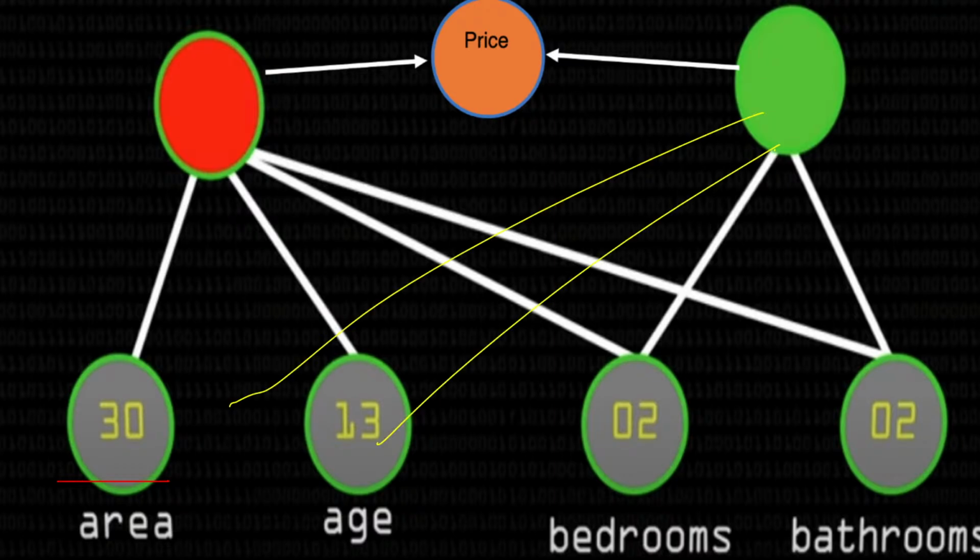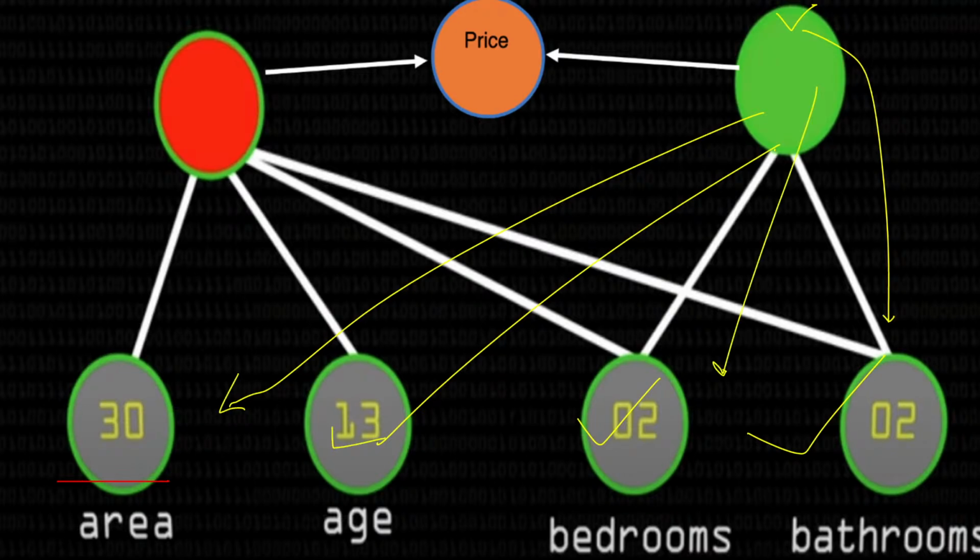So this node will be more closely attached to these 2 features. This node will compare bedrooms and bathrooms, while this node will focus more on area and age. And this one will focus on every feature, and these 2 nodes will finally give us the price of the house.